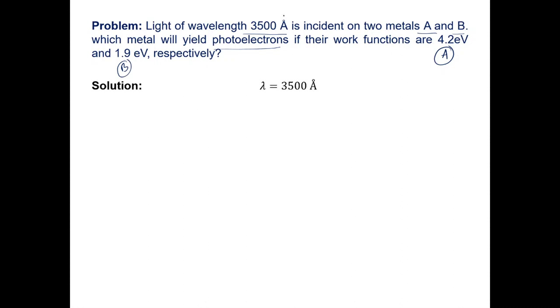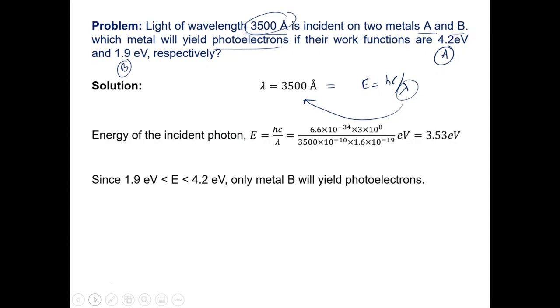So all you have to find is the energy corresponding to this wavelength. So you have to find energy, which is E equals hc by lambda. Lambda is given to you, so you can find the energy. So if you feed all these values in the formula, the energy turns out to be 3.53 electron volt.